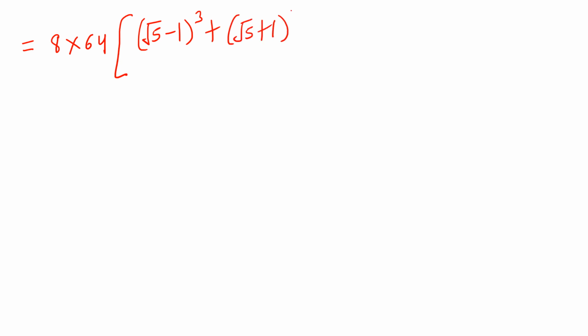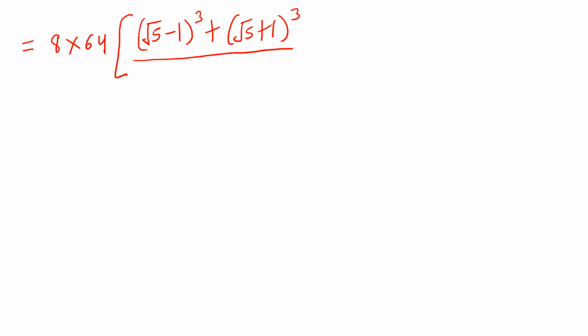Now students, this can further be written as 8 into 64, I have taken common outside, and inside the bracket it is 1 upon (root 5 minus 1) whole cube plus 1 upon (root 5 plus 1) whole cube, which can be written as (root 5 minus 1) whole cube plus (root 5 plus 1) whole cube whole divided upon (root 5 minus 1) whole cube into (root 5 plus 1) whole cube.